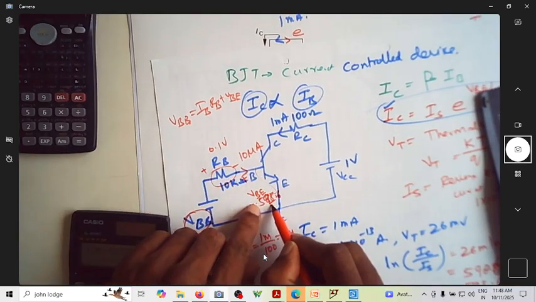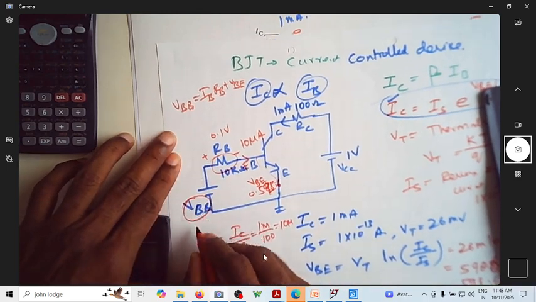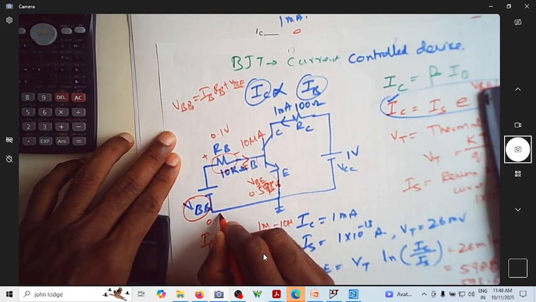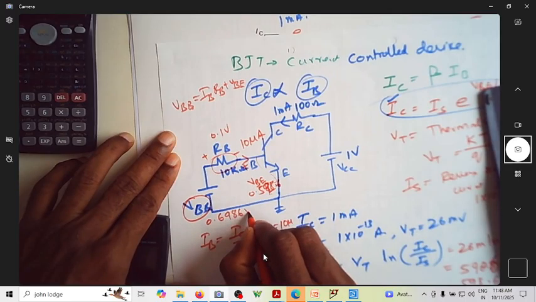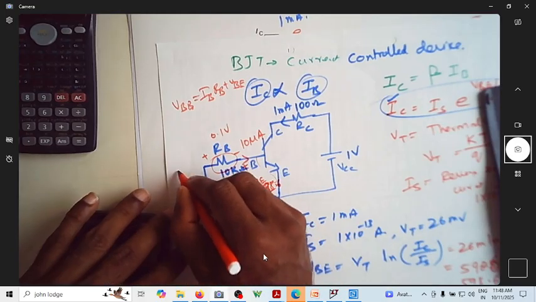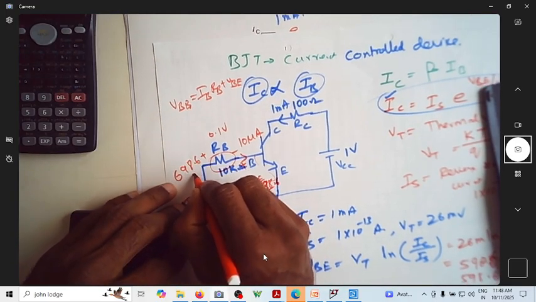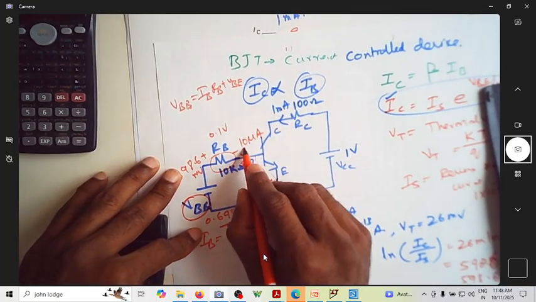This drop we know, this drop also we know. So then what should be this VB? This VB should be 0.6986 volts. If I apply 698.6 millivolts, then I should be getting 1 milliampere here, and 10 microampere.